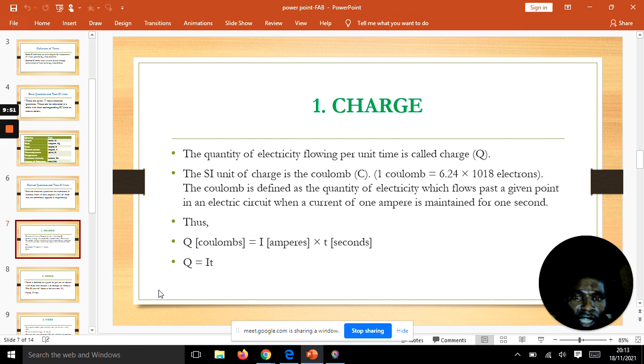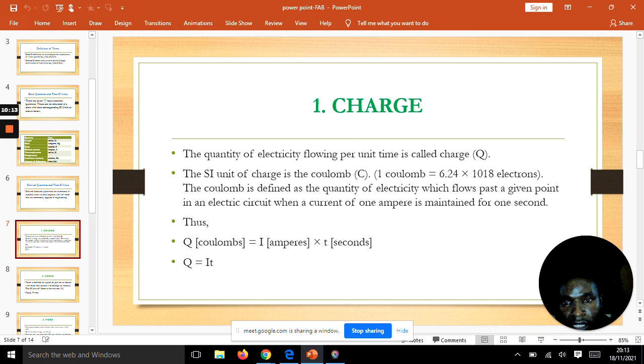Thus, we can say that charge Q is equal to the current times time, and from there we get a formula used to calculate charge or quantity of electricity, which is given by Q = IT.